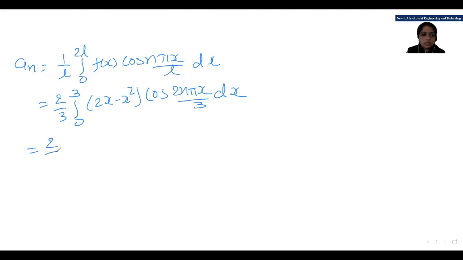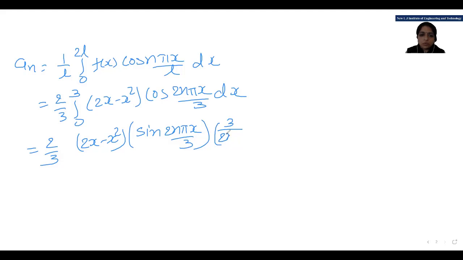So by using Leibniz rule, 2x minus x square, keep it same. The integration of this cos is sine 2n pi x by 3 upon 2n pi by 3. So instead of writing upon 2n pi by 3, I write here 3 upon 2n pi, right? Minus derivative of this 2x minus x square, which is 2 minus 2x.